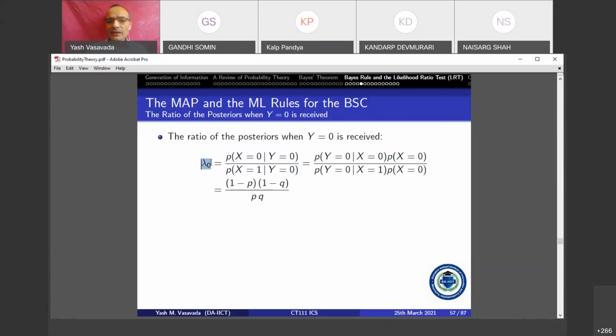The way that I have defined lambda 0 using this formula. Now I ask you that suppose if lambda 0 turns out to be greater than 1, then what would you say? Decision bit is 0. Probability of x equal to 0 is more. Exactly. So in this case, when lambda 0 is greater than 1, you are going to say that x equal to 0 is more likely than x is equal to 1.